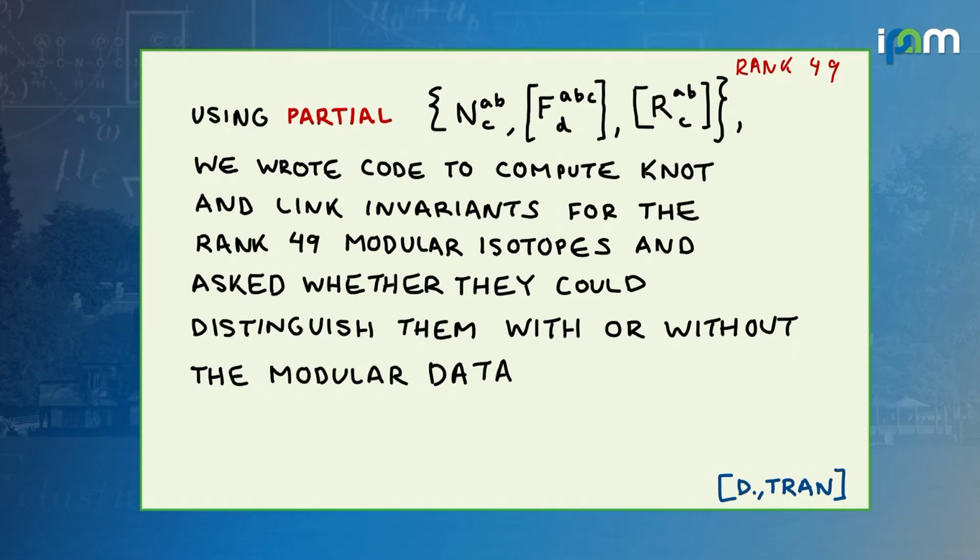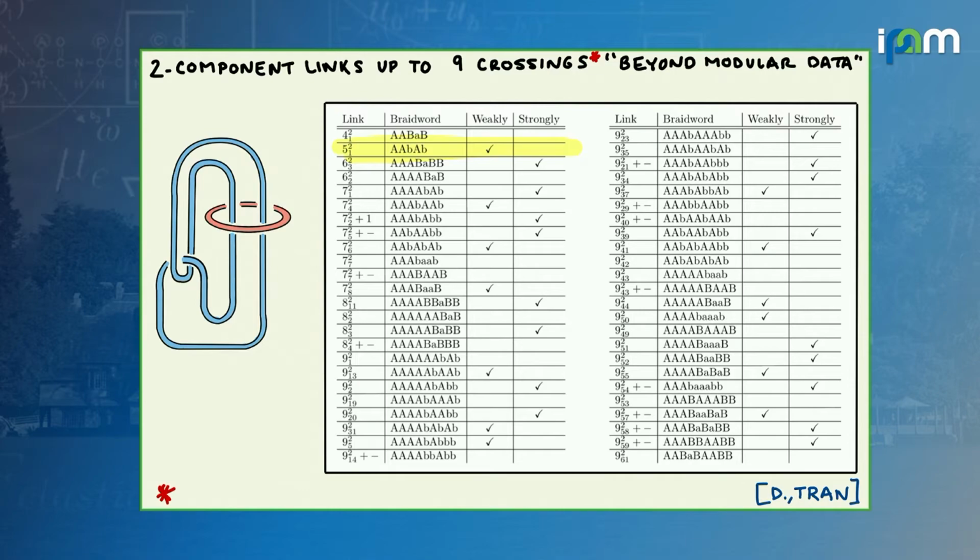And I'll say more about what I mean by that in a moment. But we wrote some code to compute some more invariants, and we systematically checked whether they could tell the difference between these modular isotopes either with or without the modular data. Okay? And so I went to these tables real quick, but we churned out a bunch of data.